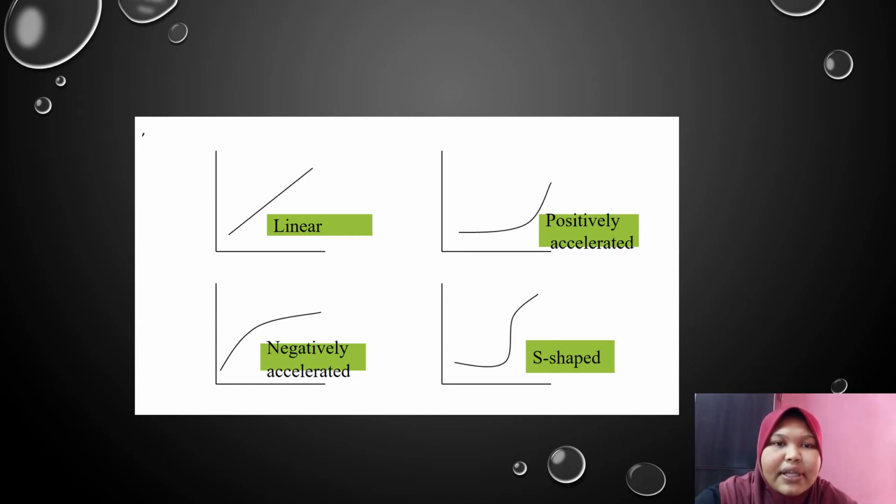First one is linear. Second one is positively accelerated, where the curve is below. Third one is negatively accelerated, where the curve is above. And the last one is the S shape, a curve like an S.